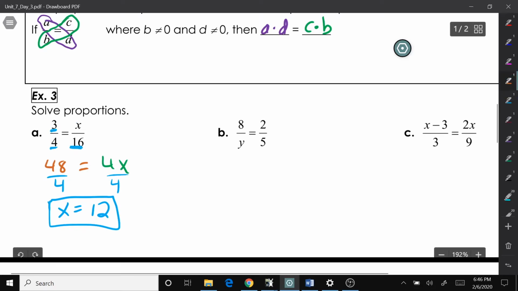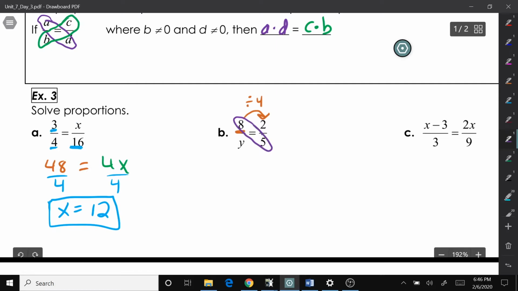You may see it in example B, where, all right, if I have 8, well, 8 divided by 4, that gives me 2. Well, then what number divided by 4 gives me 5? Or you could say 5 times 4 to get that answer. But cross-multiplying will still always work.